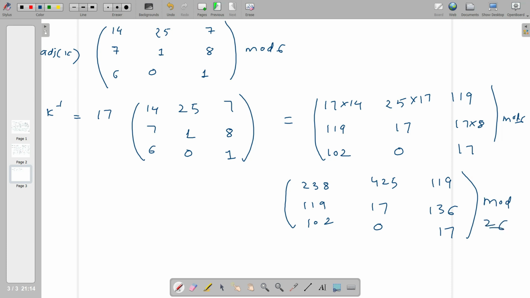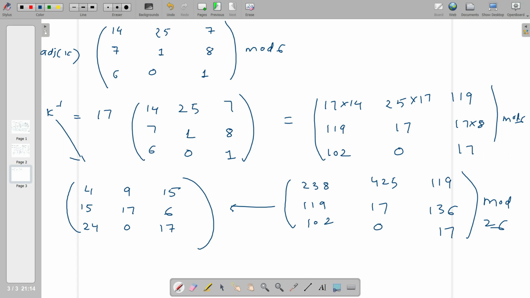So when we apply mod 26 to this matrix, K inverse is going to be 4, 9, 15, then 15, 17, 6, then 24, 0, 17. So this is now K inverse.